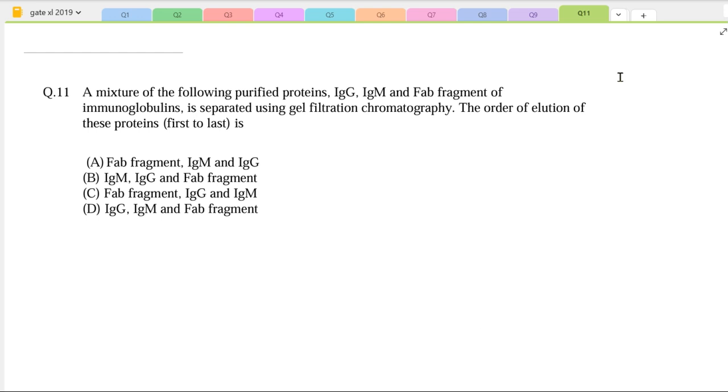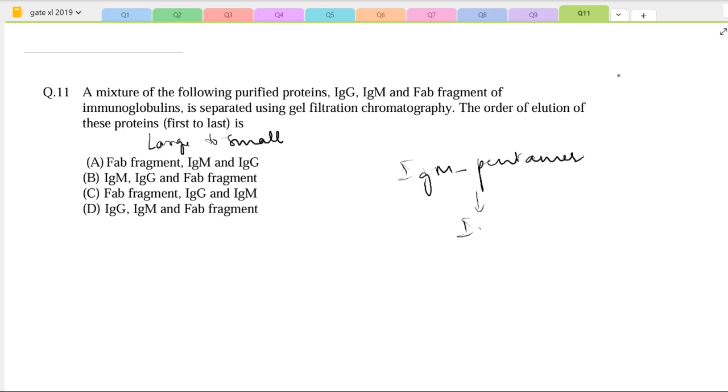A mixture of the following purified proteins, IgG, IgM, and Fab fragments of immunoglobulins, is separated using gel filtration chromatography. The order of elution of these proteins, from first to last, is asked, which means from the large protein to the small protein. We know that IgM is usually a pentamer, so it is likely to be more bulky.